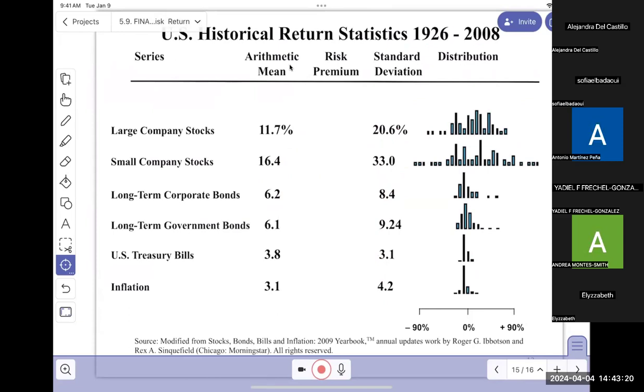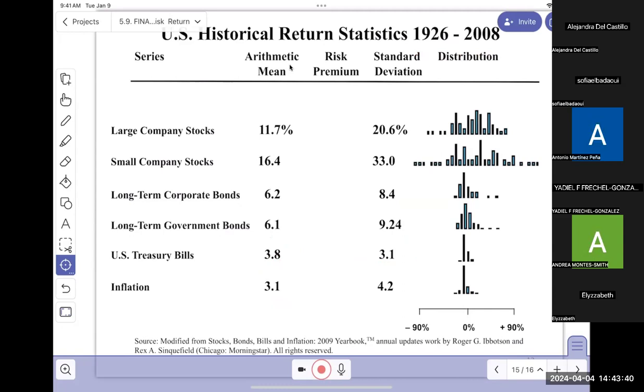So what we like to say is the lowest asset class is treasury bills, right? So these are UST bills at 3.8% on average over this time period, with a standard deviation of 3.1, just beating inflation. You see, the inflation is 3.1.